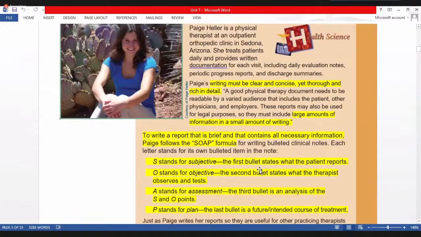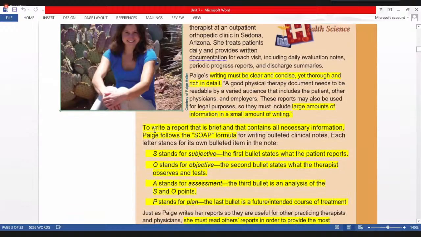Okay. Then further she says to write a report that is brief and that contains all necessary information. See, according to her, the report should be brief, right? And that brief report should contain all the necessary information, and that becomes an effective report.